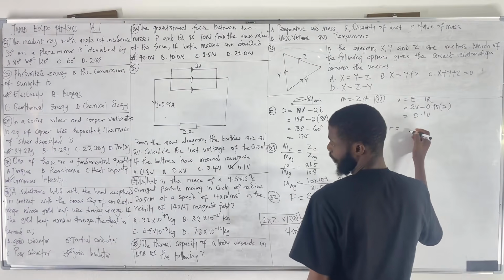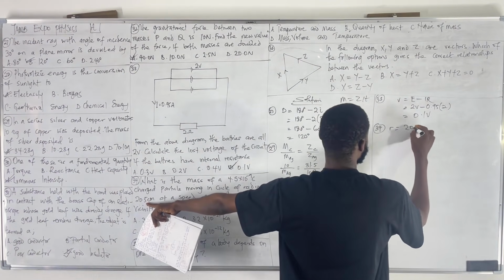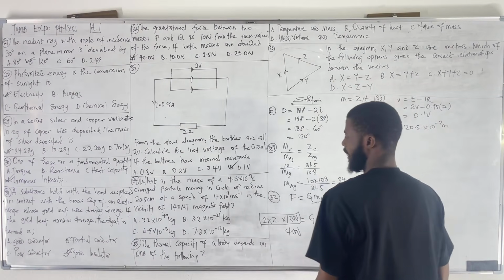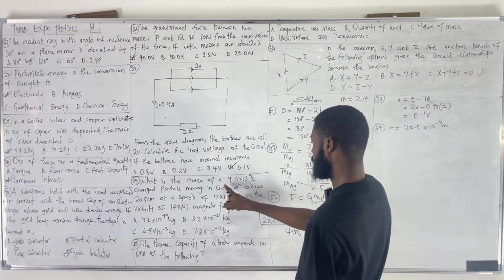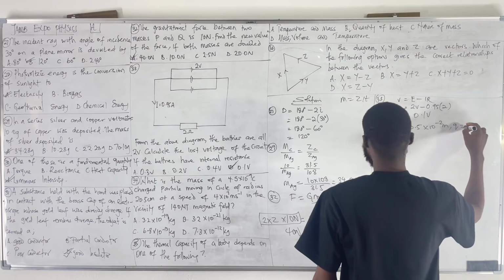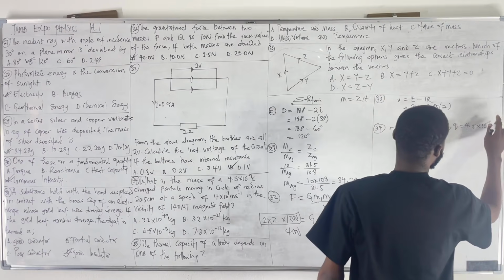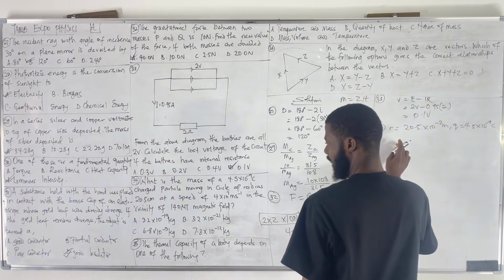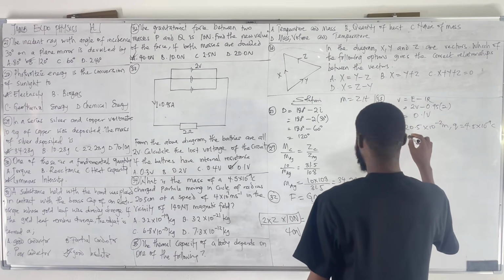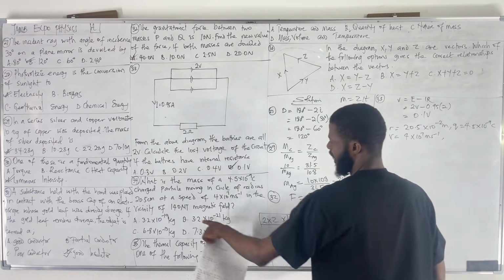So R will become, in cm, 20.5 times 10 to the power of minus 2 meters. And then our Q is 4.5 times 10 to the minus 9 C. Then speed V is equal to 4 times 10 to the 7 ms minus 1.